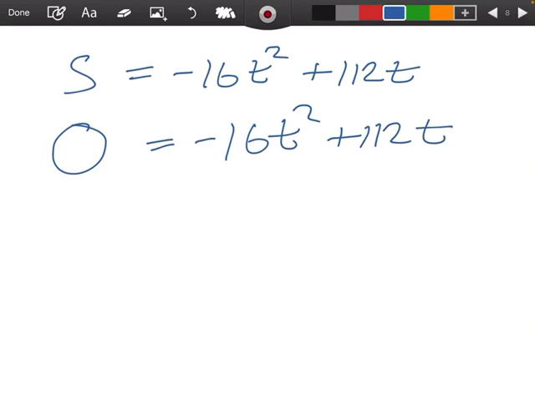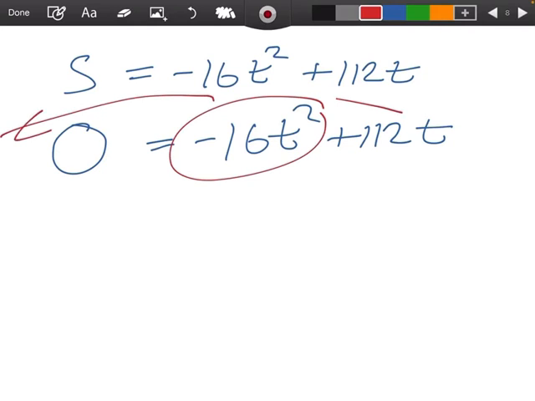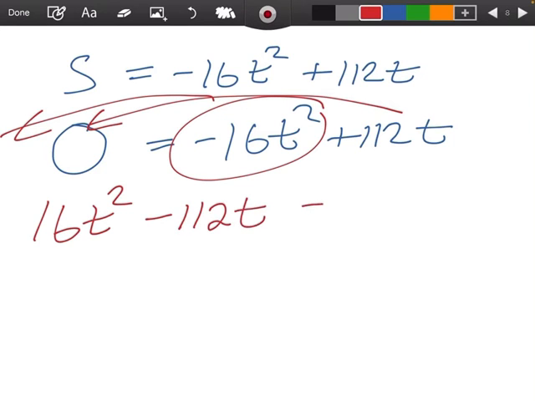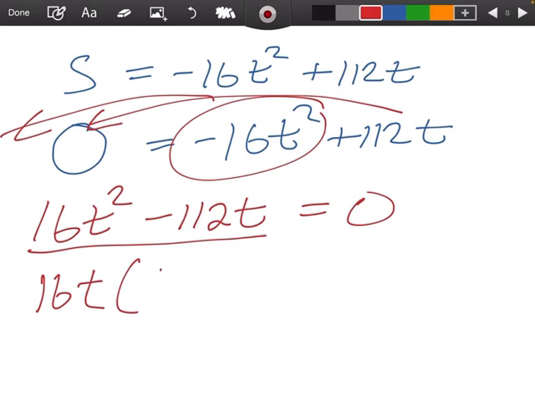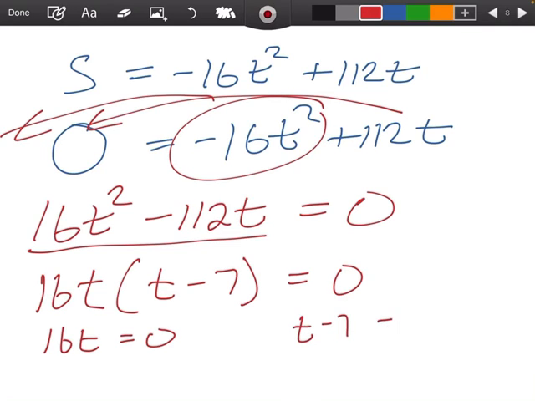Just like before, I don't want this guy here to be negative, so I'm going to move both of them over to the other side. That leaves me with 16t squared minus 112t equals 0. From here, we can factor out a 16 and a t, and we're left with t minus 7 equals 0. Then I'm going to set each part equal to 0: 16t equals 0, and t minus 7 equals 0.